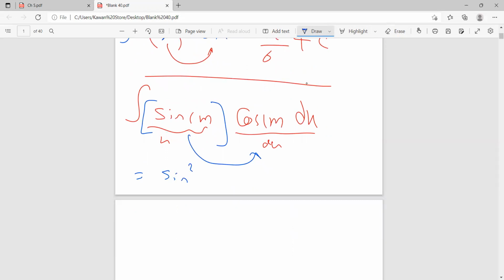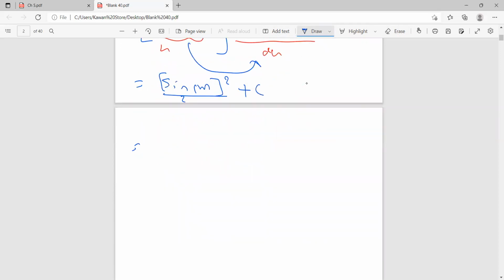For example, I can write it down like that to be more clear. I say sine of x squared plus c, where I add the power of 2 to the sine.